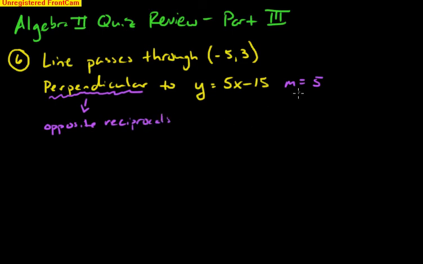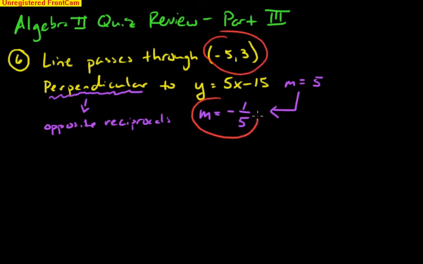So if this is the slope of that line that I give you, then the slope that we need to use, the opposite reciprocal slope, has an opposite sign, and it's the reciprocal of 5. The reciprocal of 5 is 1/5. So we are going to use this point and this slope to find the equation of the line that passes through this point and is perpendicular to that line.